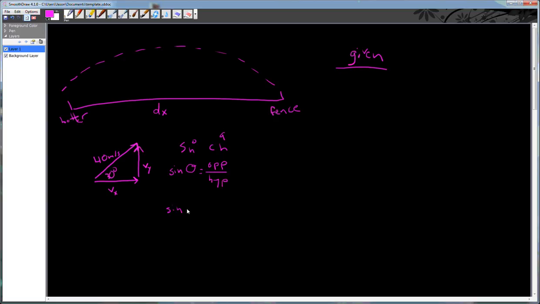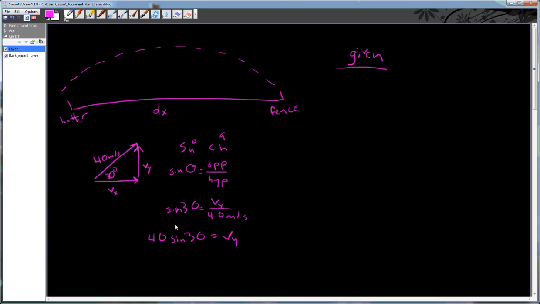So sine of theta is equal to opposite, for 30 degrees that is our Vy. Our hypotenuse is 40 meters a second. Multiplying by 40 to solve for Vy. Also, we know our theta, right? Our theta is 30 degrees. So 40 times the sine of 30 degrees equals Vy.